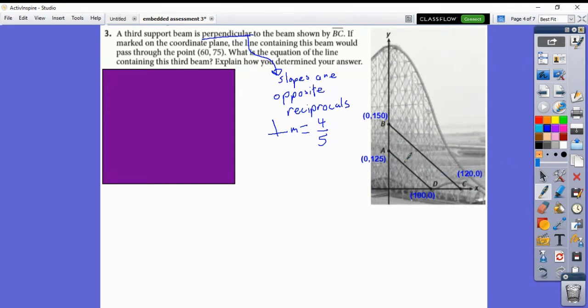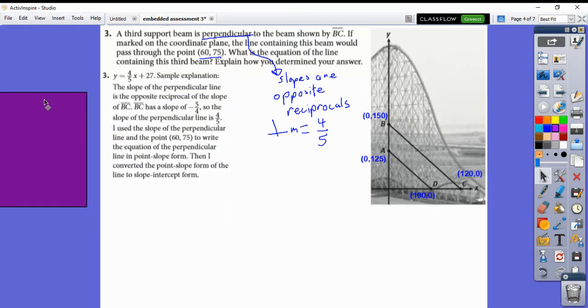But we also know that it has to pass through this point. So what is the equation of the line containing this beam? So they got a final answer, and we're going to step through the work of how you get this. y equals 4 over 5x plus 27. So they got the same perpendicular slope right here.